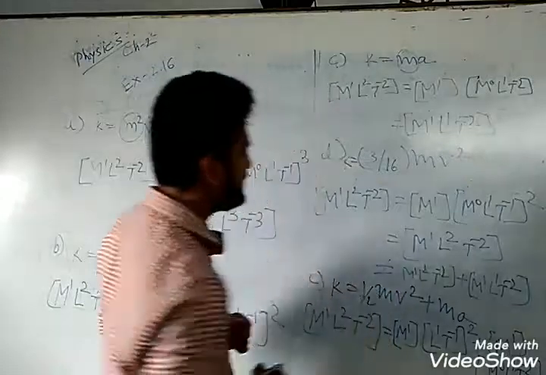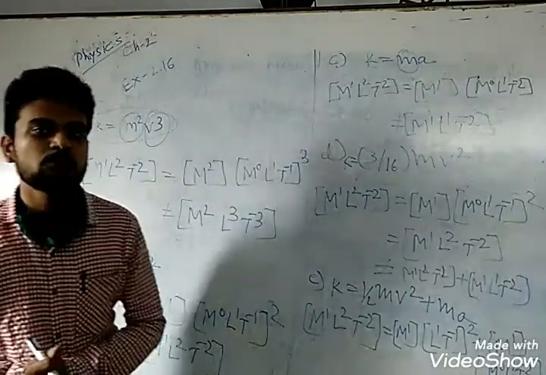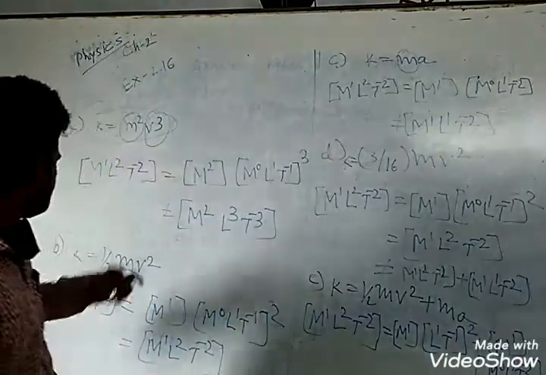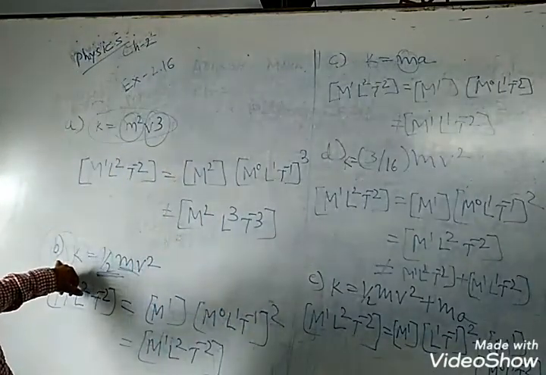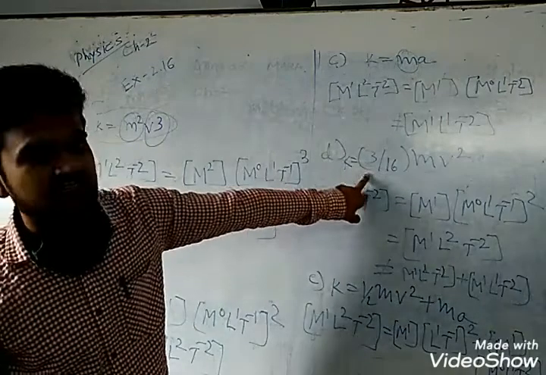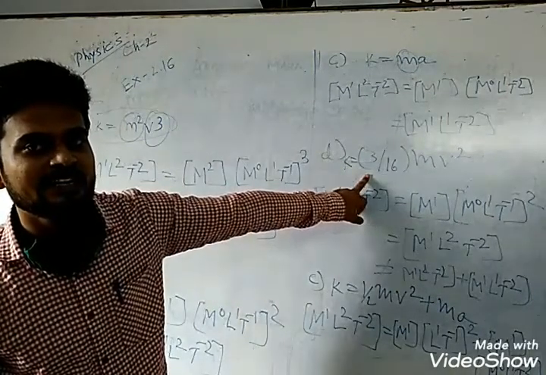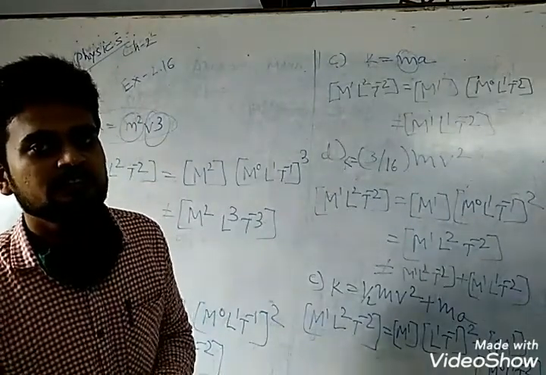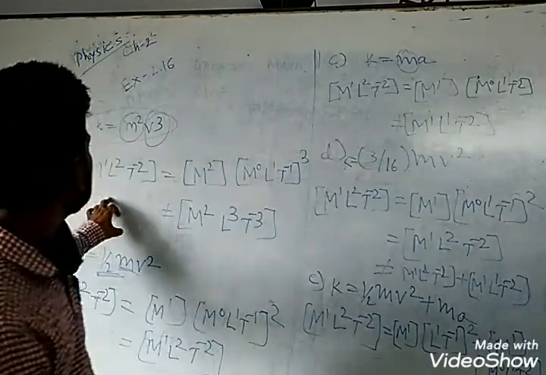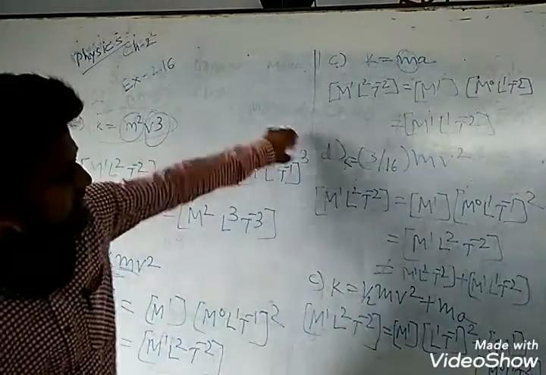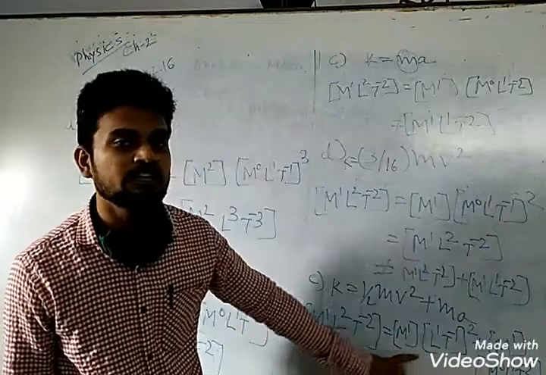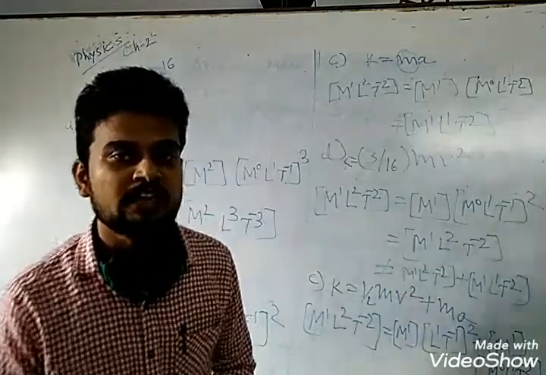Again left hand side is not equal to right hand side. So equations B and D are correct for kinetic energy, where left hand side is equal to right hand side. Equations A, C and E are ruled out, as left hand side is not equal to right hand side for the kinetic energy dimension.